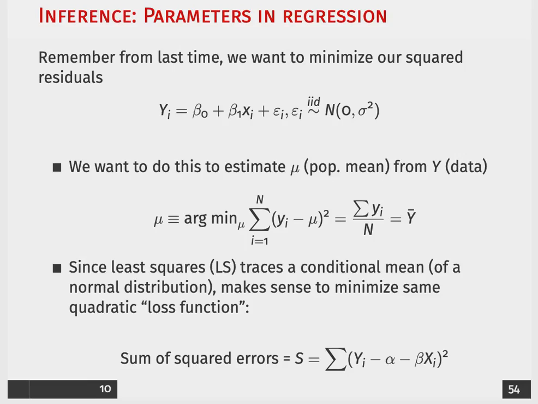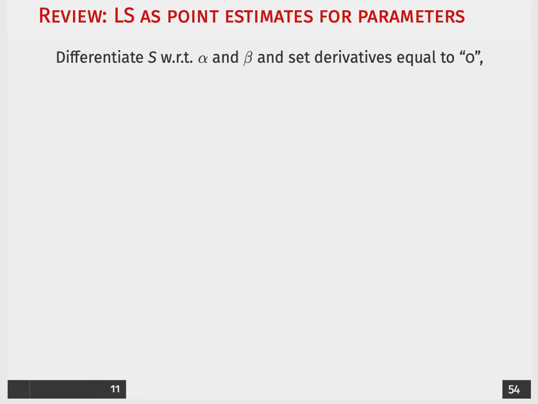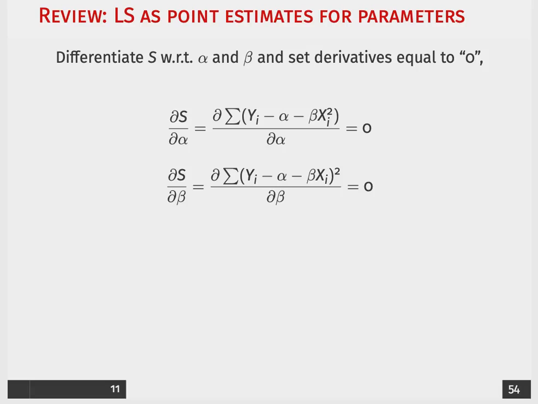Now, what I won't harp on, and if you're curious, you can look at the end of the slides, I actually go through the derivation, but what we're going to do is use some calculus here to differentiate that equation with regard to our two parameters of interest, our y-intercept alpha and our slope beta, and we'll set those derivatives both equal to 0.